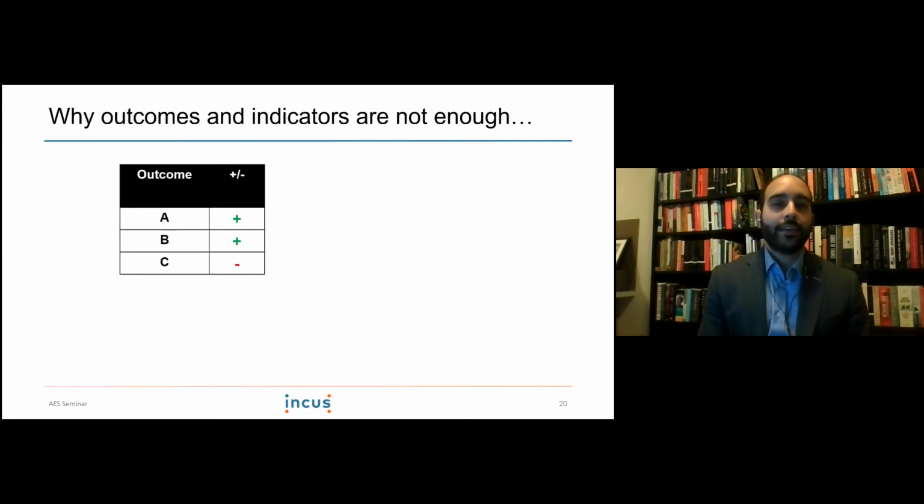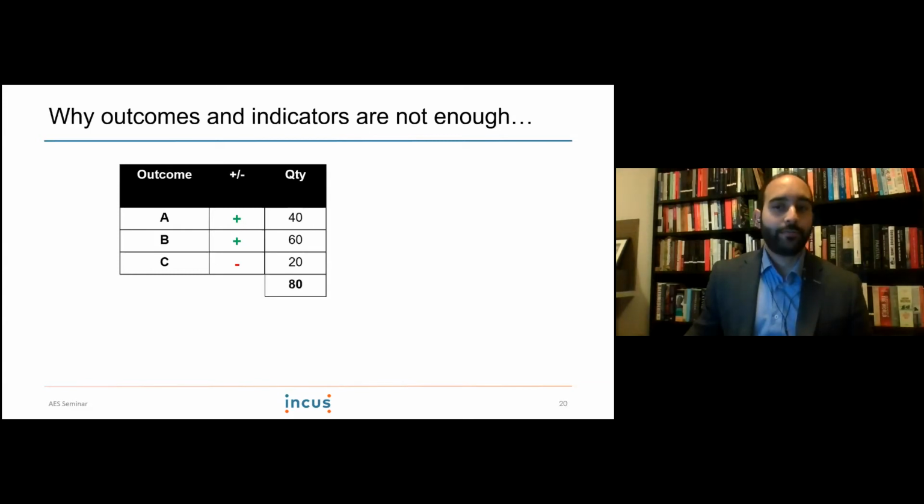If we take a really simple example, we've got 3 outcomes: outcome A, outcome B, outcome C. We know after gathering data that there's been a positive change in outcome A, a positive change in outcome B, and a negative change in outcome C. Our measurement is fairly sophisticated, and we've measured how much change there's been.